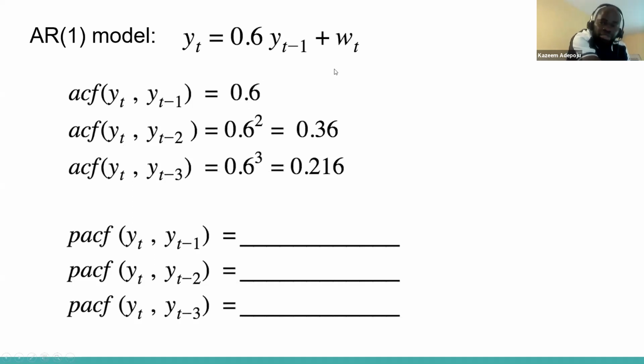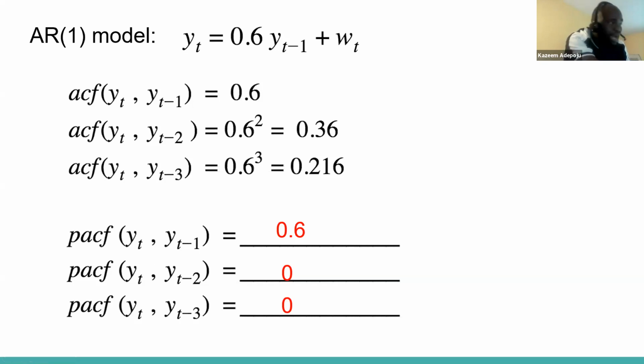Now, take a look at the values that I have right here for this model. How do I obtain the partial autocorrelation function for each of those? This shouldn't surprise you, because if you take a look at the model, we're talking about an AR of order 1. We expect to have just the partial autocorrelation between yt and yt minus 1, because the model is focusing on AR of order 1.